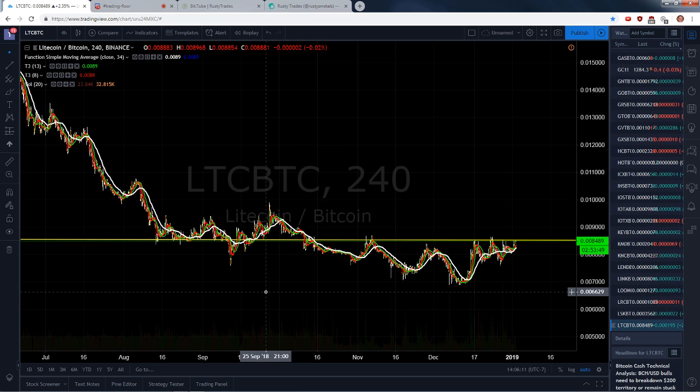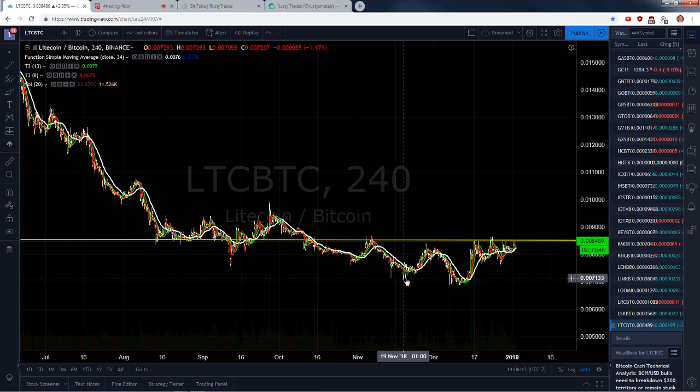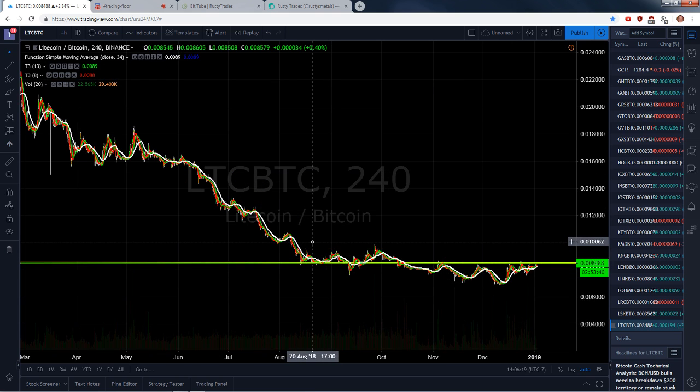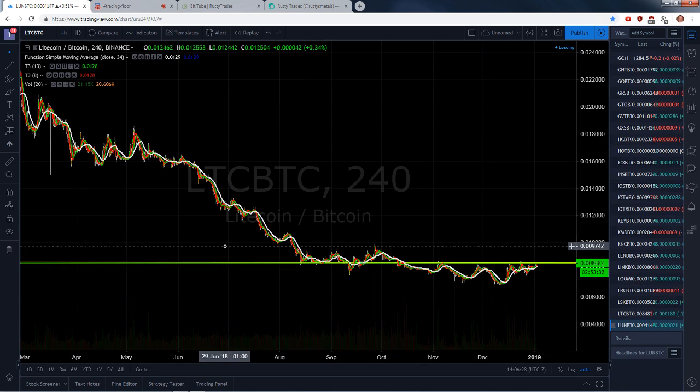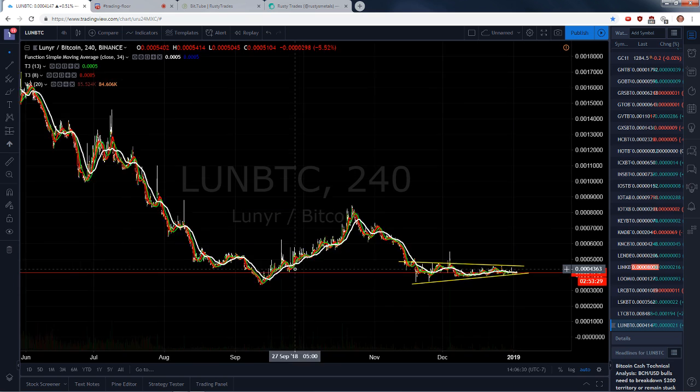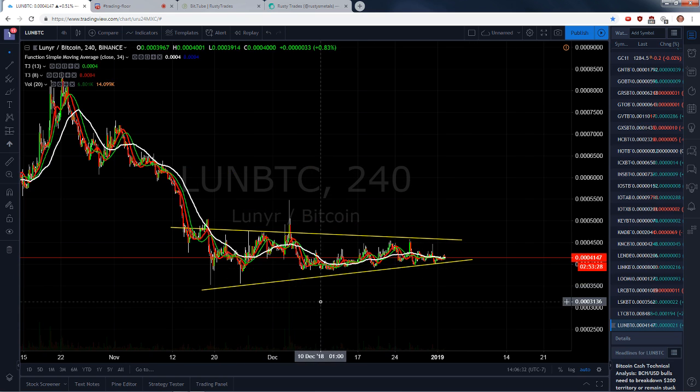LTC looks good for a pop, doesn't it? How many times it's going to try to break through into previous lows, into the next range. Nice little tight pattern forming.